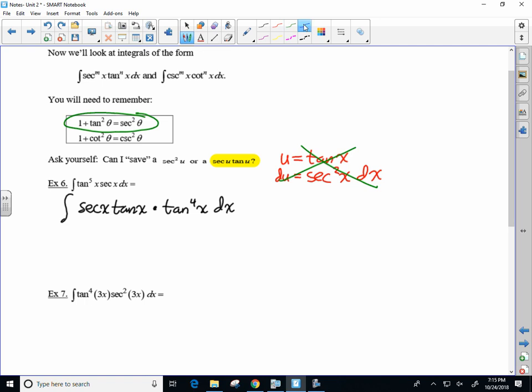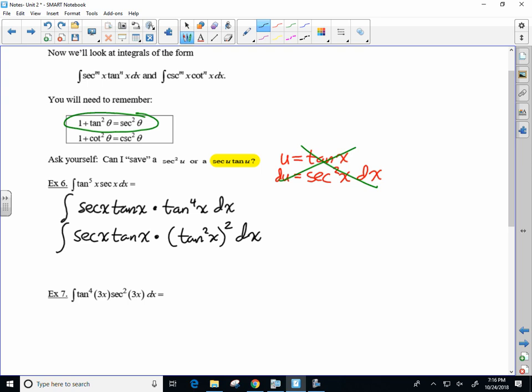So what I might try to do is reconceptualize this, write it again. I'm keeping my secant tangent. I'm going to write tangent to the 4th as tangent squared times tangent squared, dx.